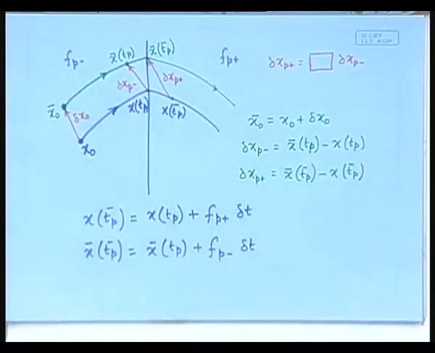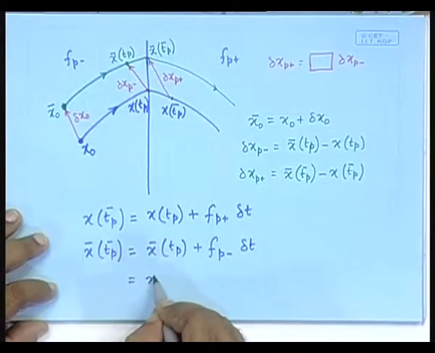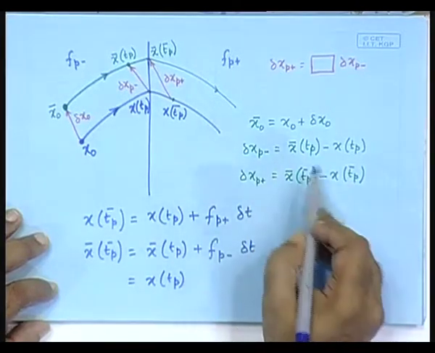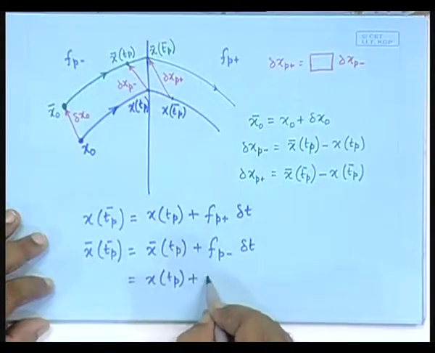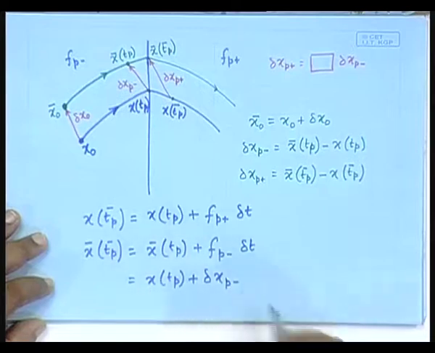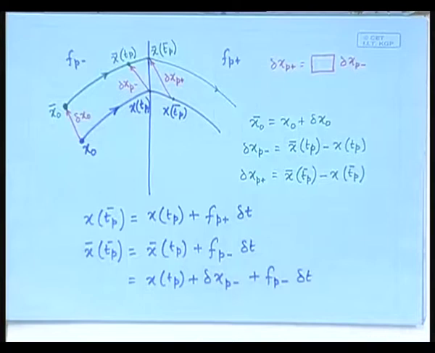So, we can substitute. So, we can write this is equal to x T p plus delta x p minus plus f p minus delta t. So, we have expressed these two. Good. Next step.